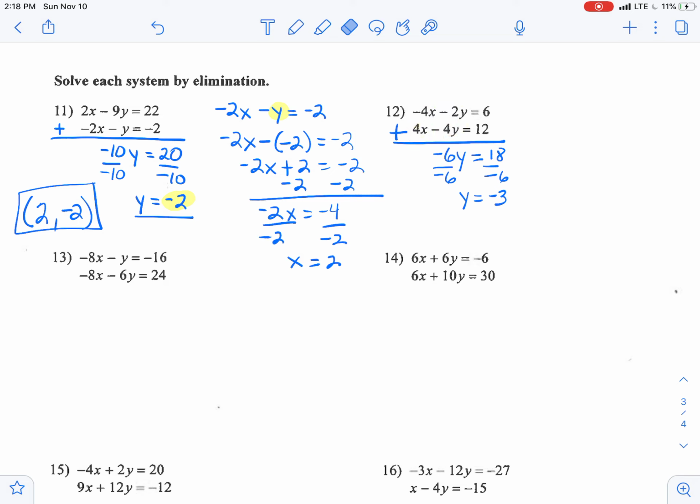It does not matter. I'm going to choose to solve for x. So I'm going to pick the top one this time. Now, if you want to, you can pick the bottom one and see if you get the same answer. So again, I'm putting this y in for this y.